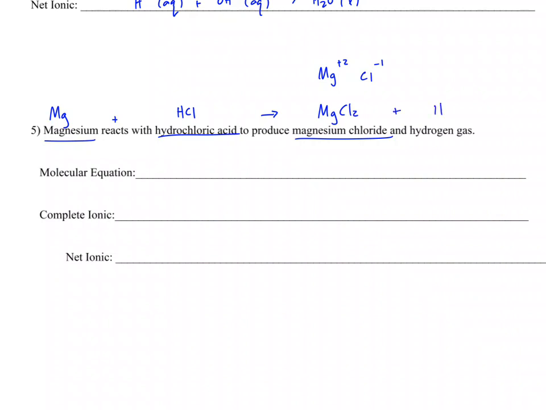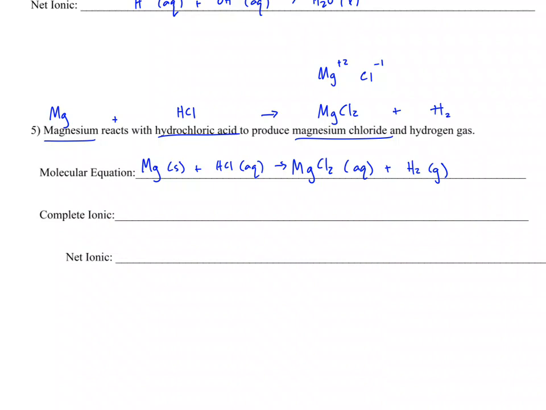And hydrogen gas, hydrogen is diatomic, so that's H2. So let's write the molecular equation. We've got magnesium, which is a solid, plus hydrochloric acid, aqueous, produce magnesium chloride, which is aqueous, and hydrogen gas.